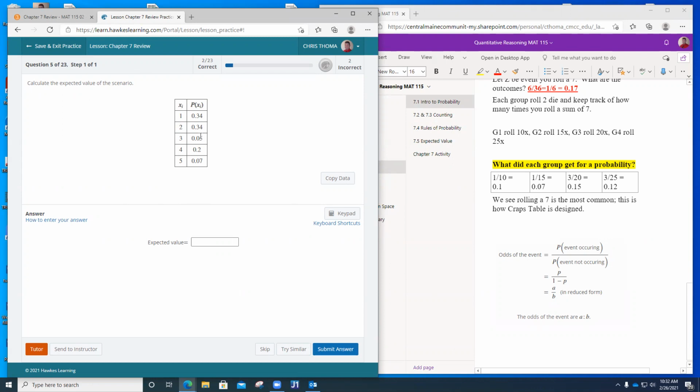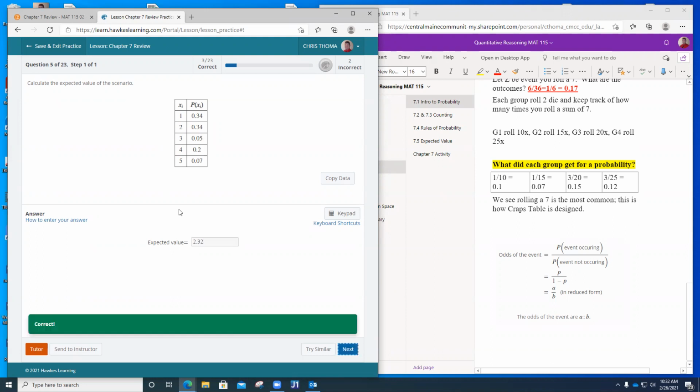So 0.34 times 1 plus 2 times 0.34 plus 3 times 0.05 plus 4 times 0.2 plus 5 times 0.07. It's 2.32. Remember, we don't round. Again, that's under 7.5 in the notes.